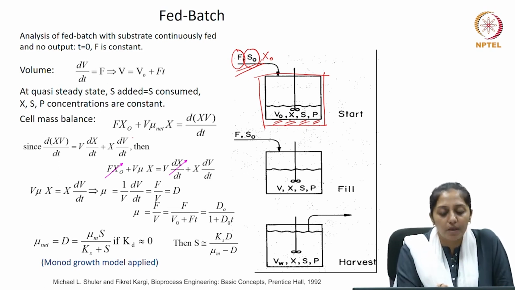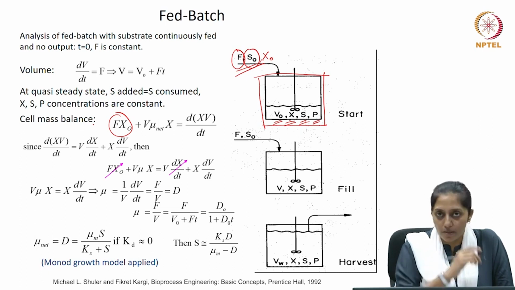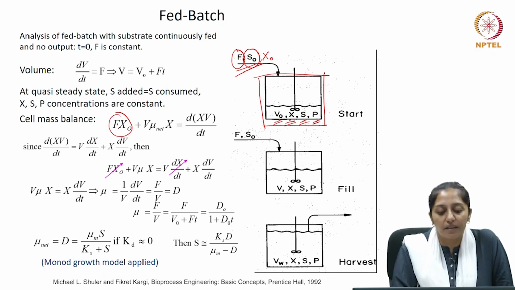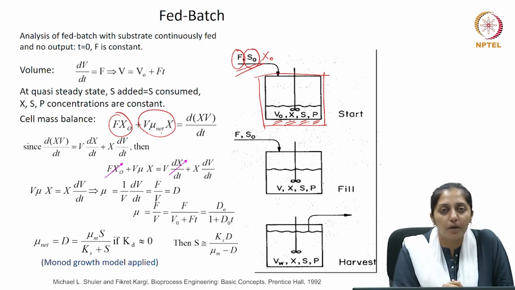concentration in the inlet. Now, if you do a cell mass balance, F x naught is the inlet, so it is the rate at which the biomass is coming inside the reactor. The second term, can you guess what that is? Right. Can you see the term mu?